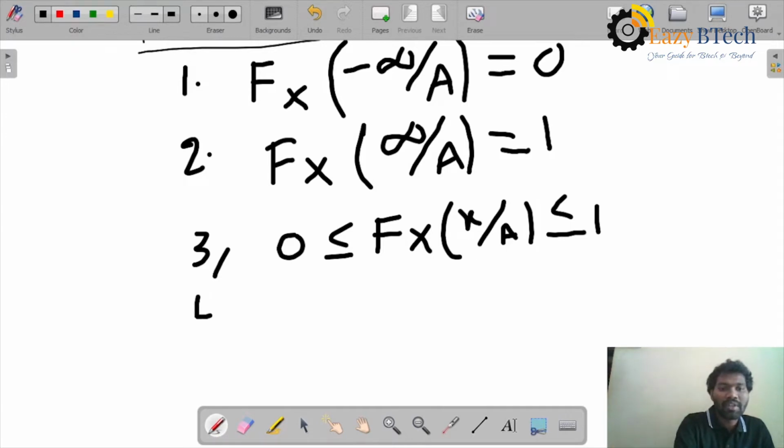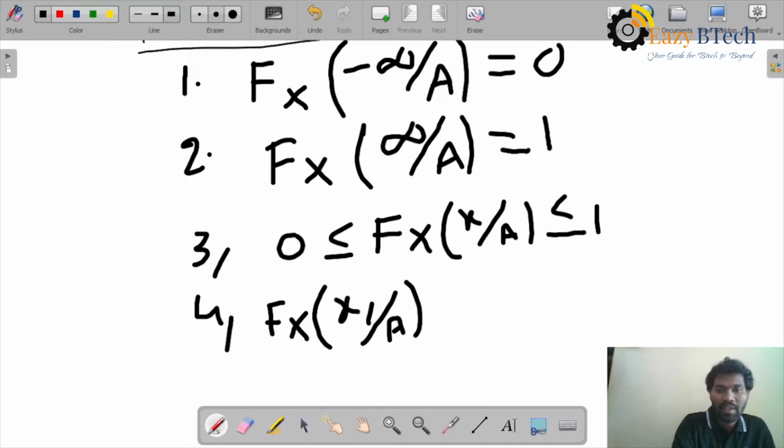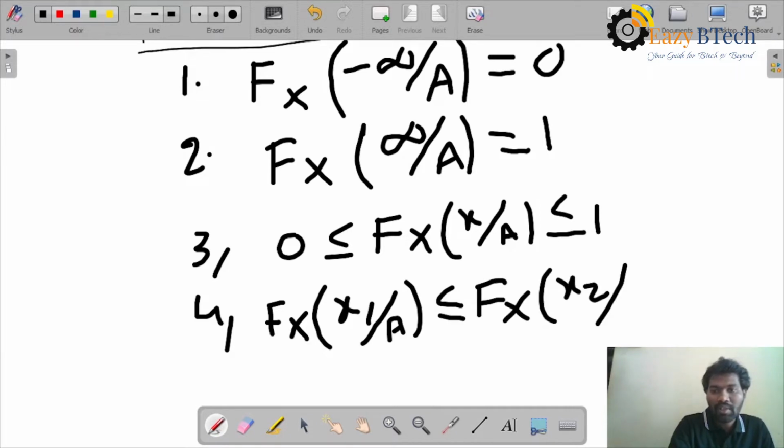Now the fourth property is Fx of x1 given A less than or equal to Fx of x2 given A if x1 less than or equal to x2.